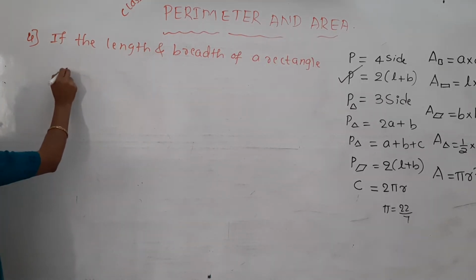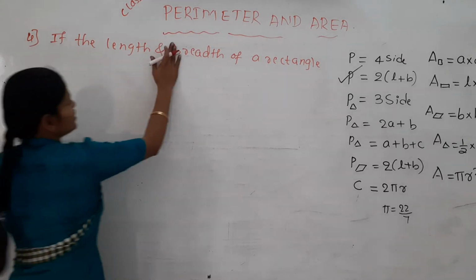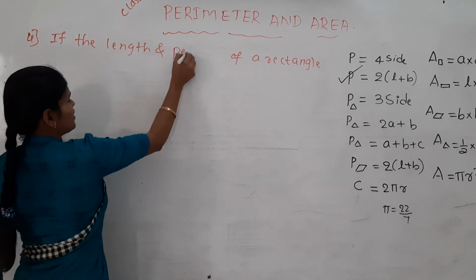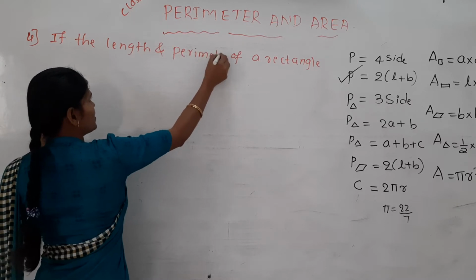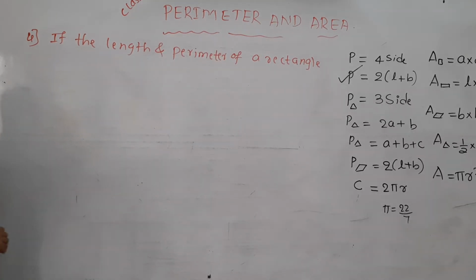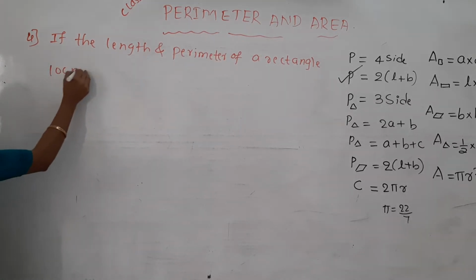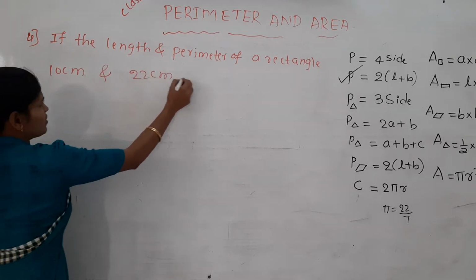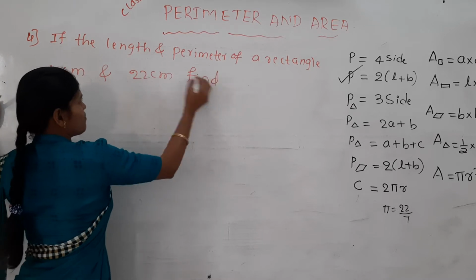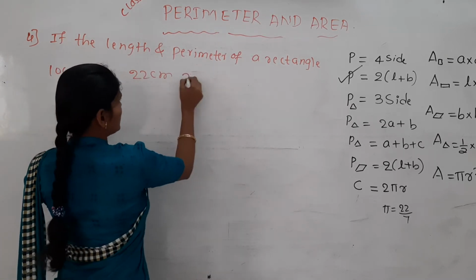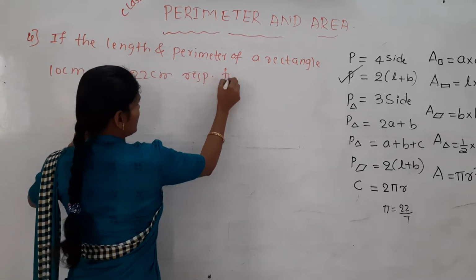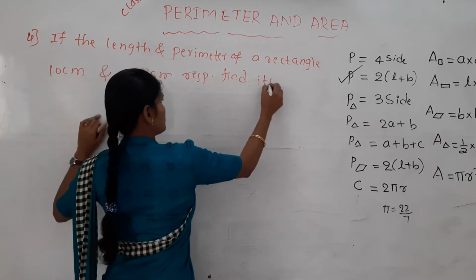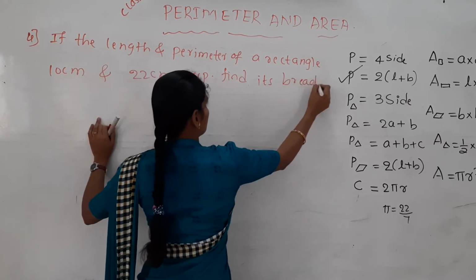I will give the length and perimeter, and you have to find the breadth. Length is 10 centimeter and perimeter is 22 centimeter, respectively. Then find its breadth.